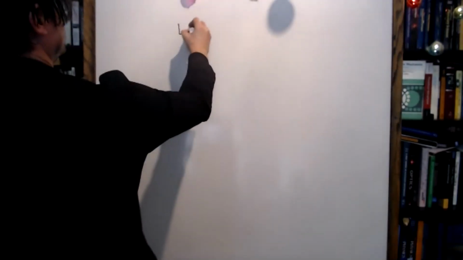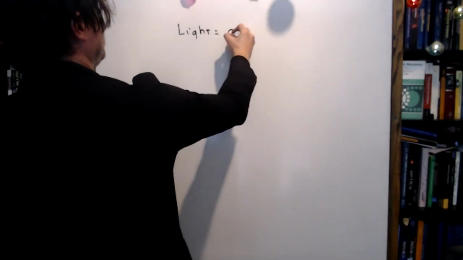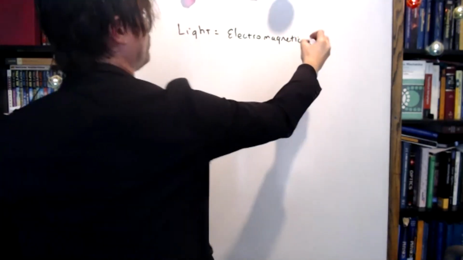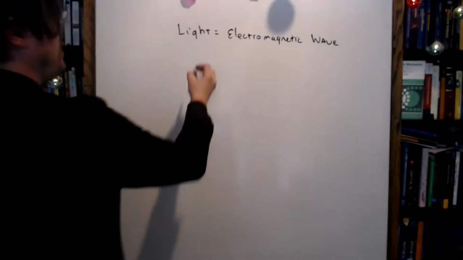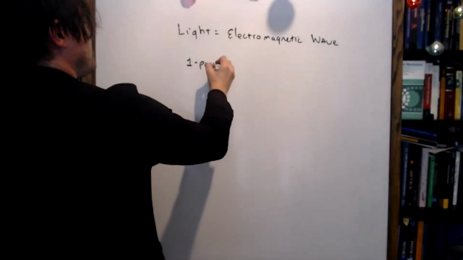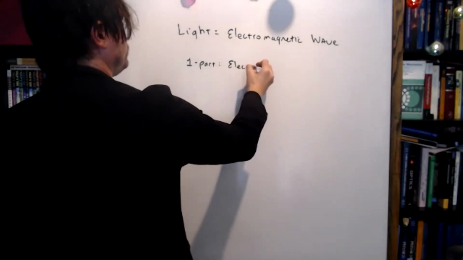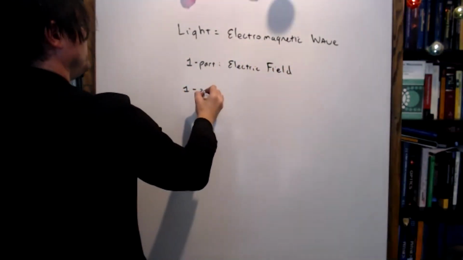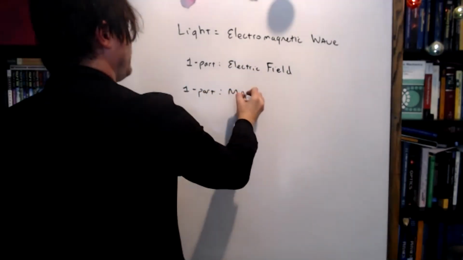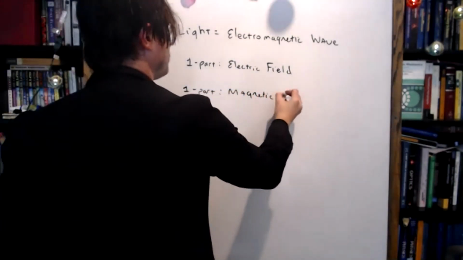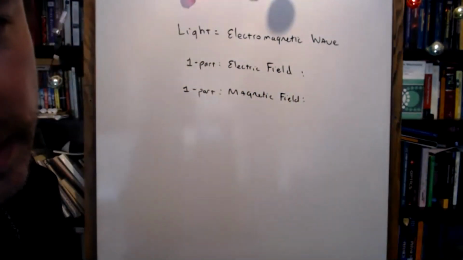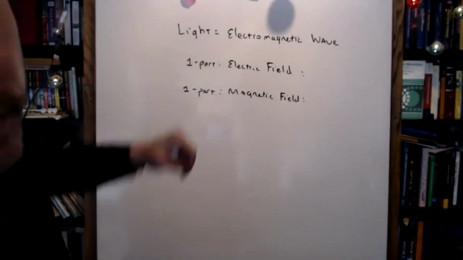So light is an electromagnetic wave. It consists of one part electric field and one part magnetic field. I don't have time to get into the differences, but I'll use a one-word description to help differentiate these.